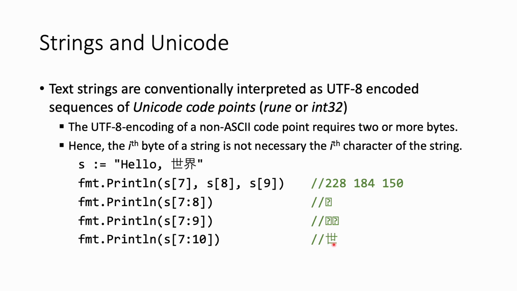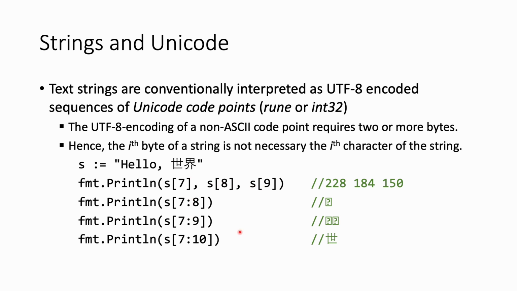But the interpreted text for the substring consisting of 3 bytes from index 7 of string s corresponds to the first Chinese character in the string s. This means that the first Chinese character in string s consists of 3 bytes.